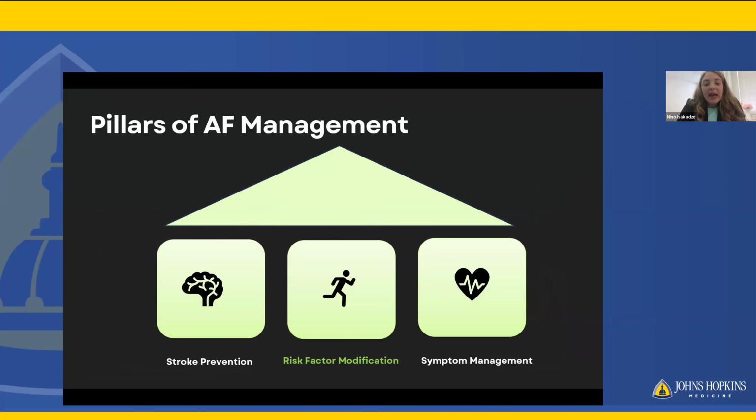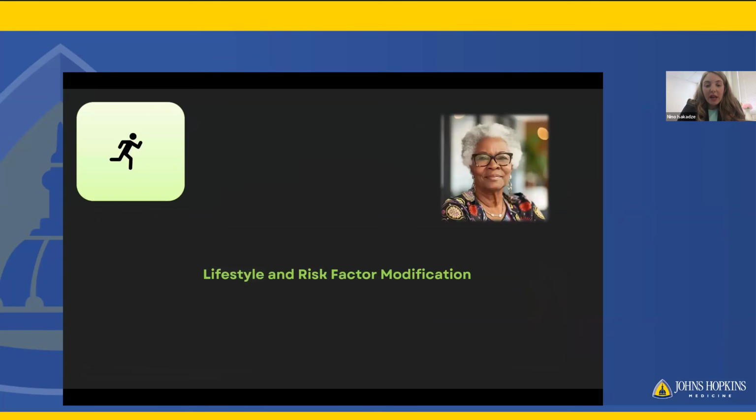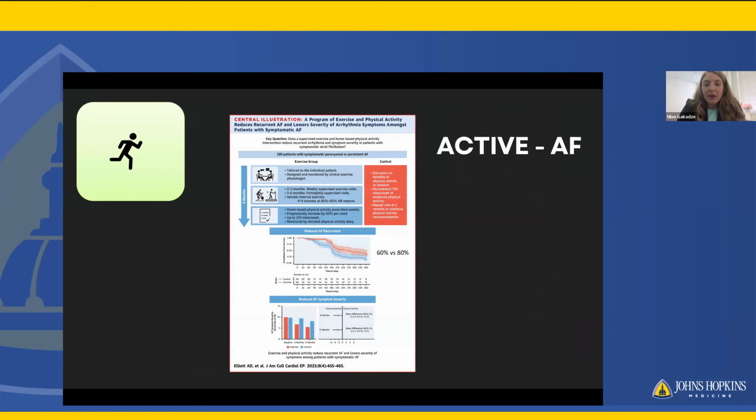Okay. Next is risk factor modification, also very important. Once we have a diagnosis of atrial fibrillation, we assess individualized lifestyle and risk factors that may be contributing. This is a snapshot of one of the studies that looked at exercise.